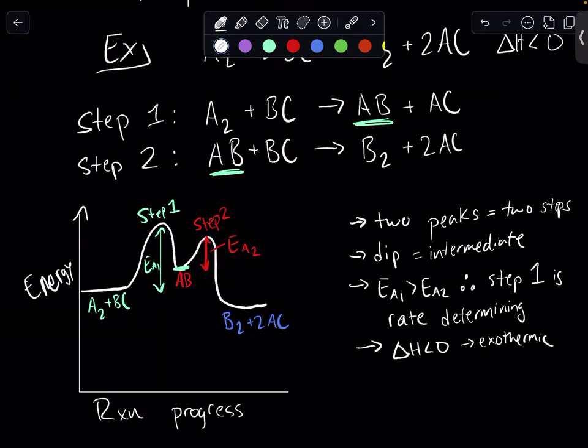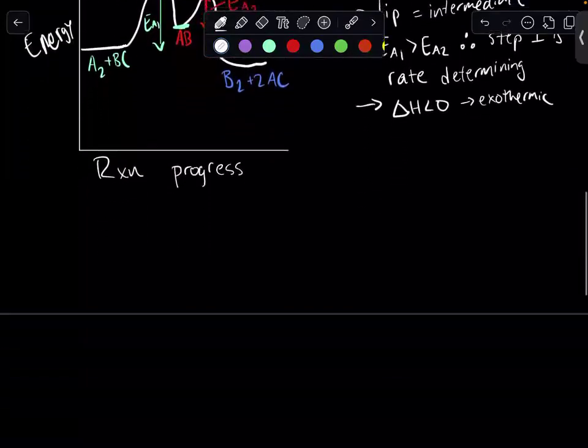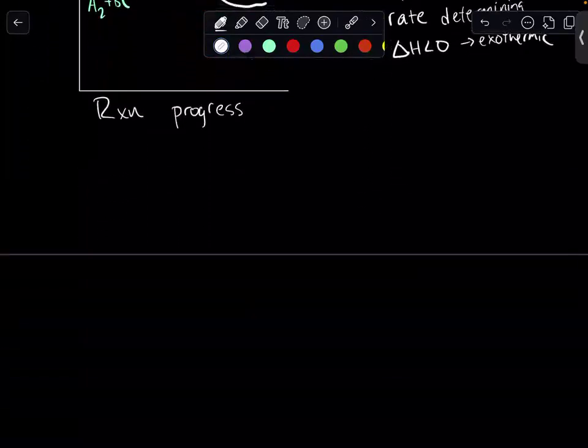We can look at even larger multiple reactions with different activation energies. So let's go ahead and see what that might mean.